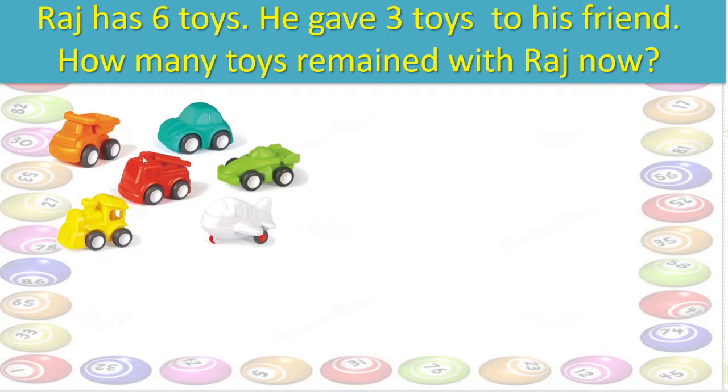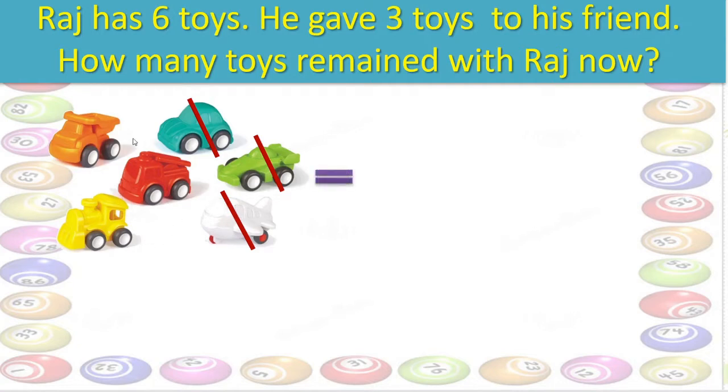See here, 6 cars you can see, right? 6 different toys you can see, correct? He gave 3 toys to his friend, so we will cut 3 toys here. 1, 2, 3. Because he gave 3 toys to his friend. So how many toys remained with Raj?